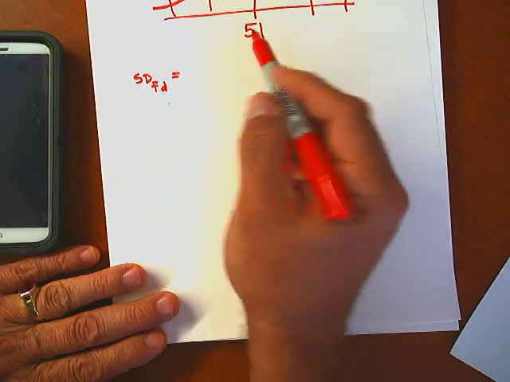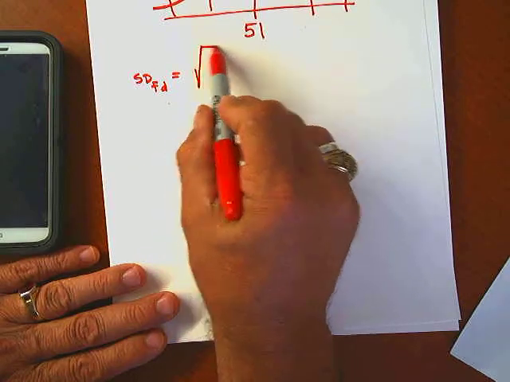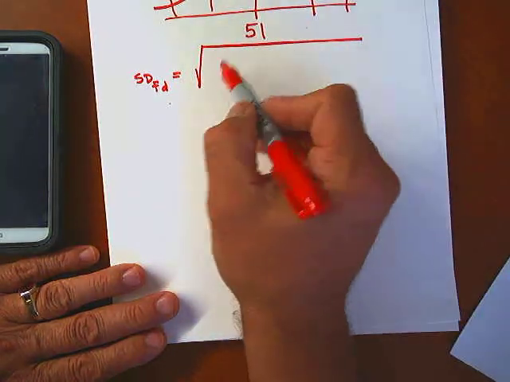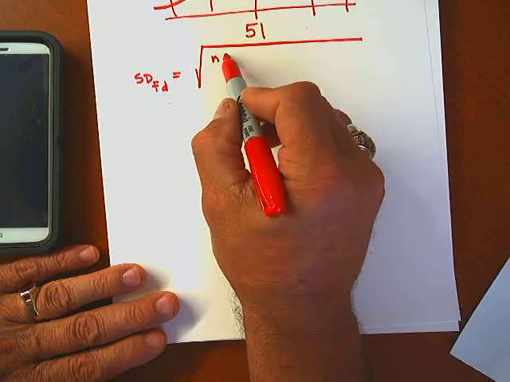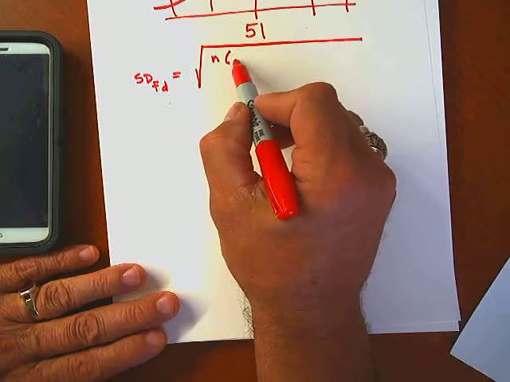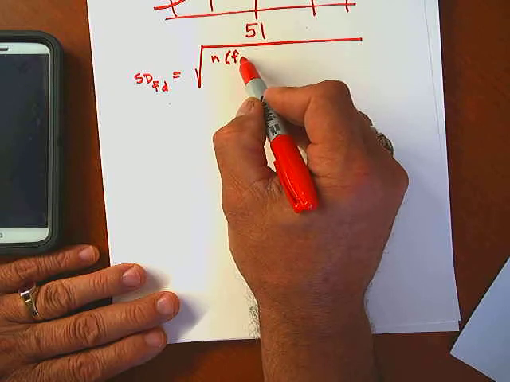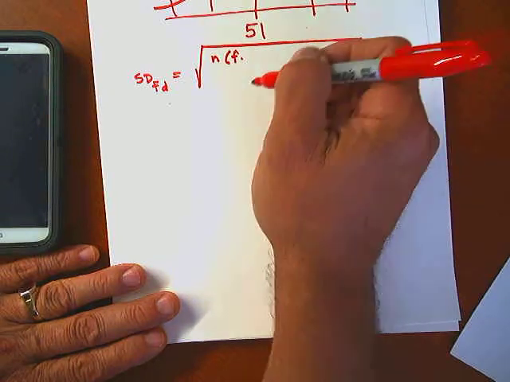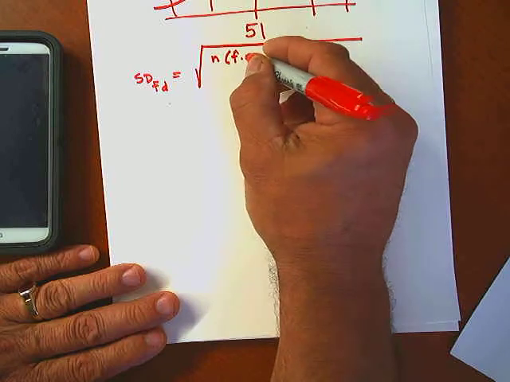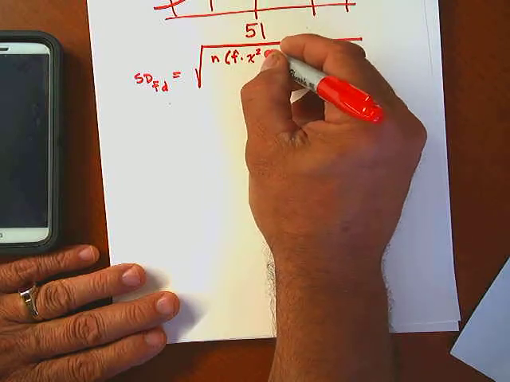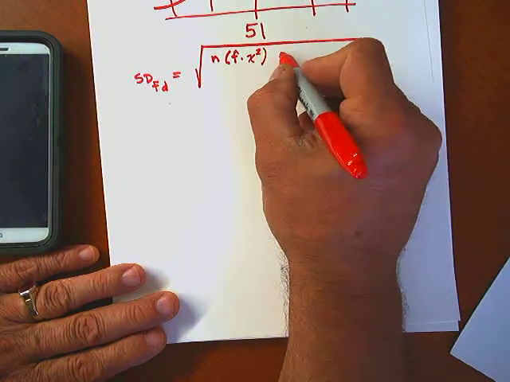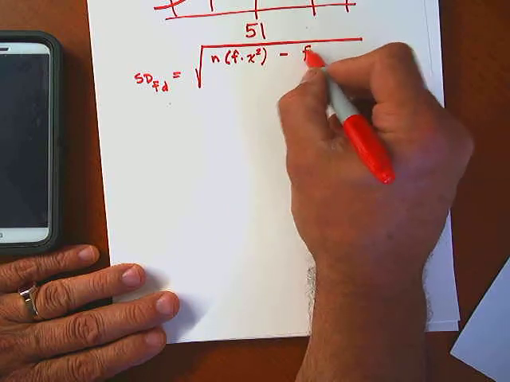Then of course we draw our graph, and there's our 51 right there, and then we'll find our standard deviation. Now the standard deviation formula is pretty rough. It looks real intimidating, and it's not that big of a deal.